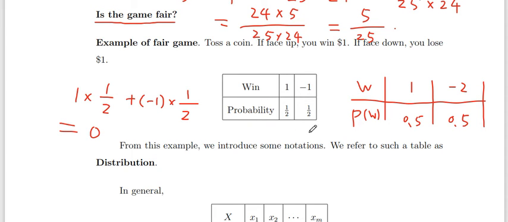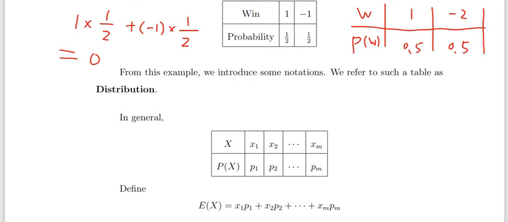So this number is important. In general, we introduce this notation. Here, if we list all cases and the probabilities for each case in such a table, we call such a table a distribution. So a distribution just lists all cases along with all the probabilities, right?